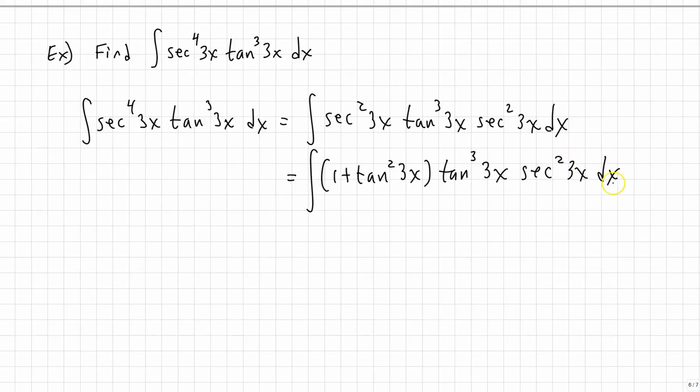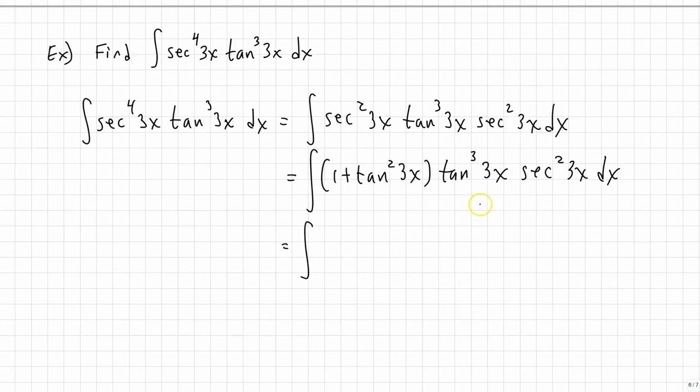The idea being that we're going to end up with this secant squared that's going to be our du. Because if we let u be tangent, the derivative of tangent is secant squared. That's where this is headed.